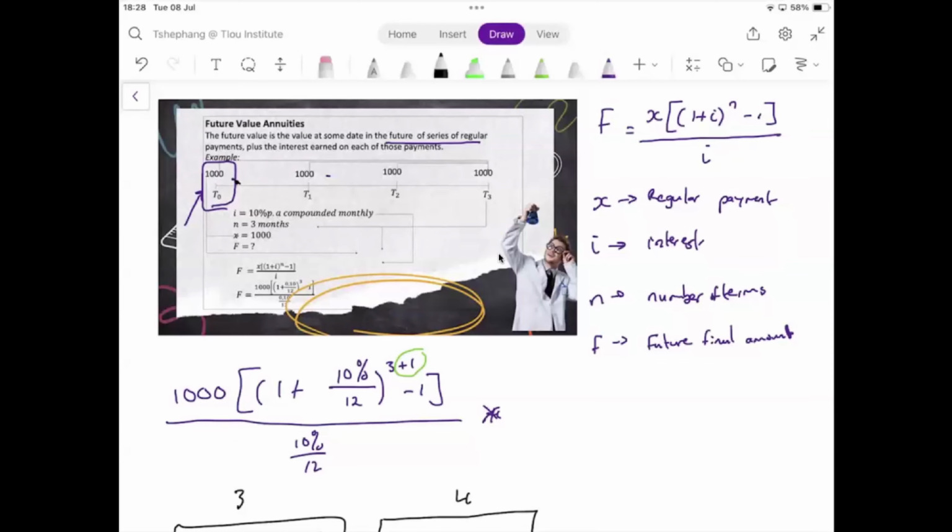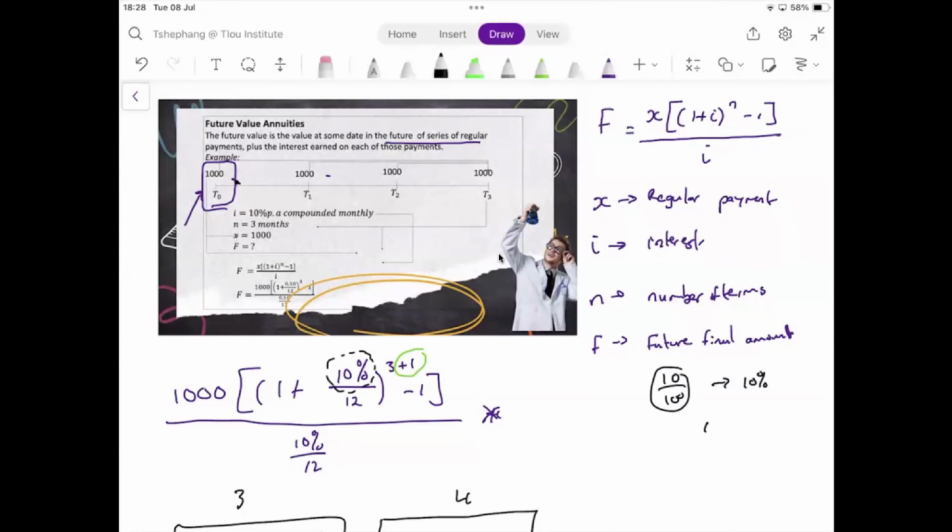So instead of saying 10 over 100, I leave it as 10% that is divided by 12. So 10% is the same as 10 over 100, and then you're dividing by 12. But if you're comfortable with saying 10 divided by 100 first, and then dividing by 12, that's perfectly fine. It's just that I like it when it's clean like this. Otherwise, I get confused when I do the calculations.